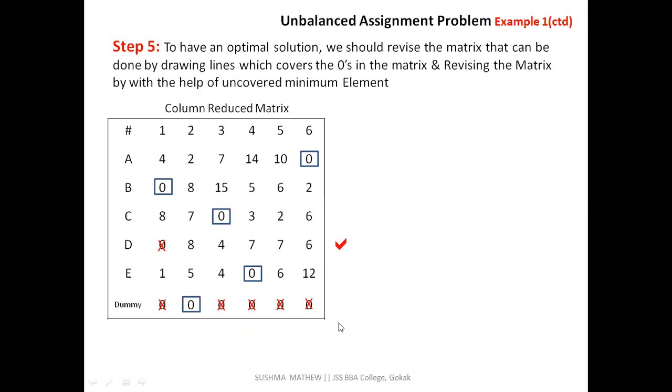Now, in which column is it? In column number 1. So, put the tick mark there. Yes, it has been done. Now, in that particular column, is there any assignment? Yes, there is assignment. Which row is it?